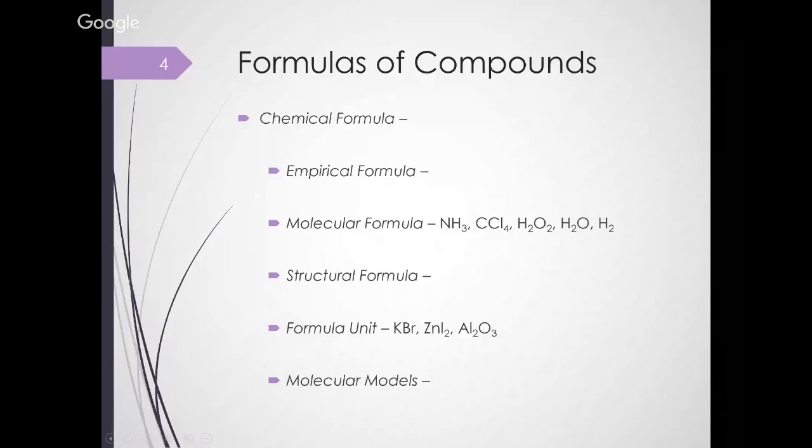Whereas when we talk about a molecular formula, we're talking about nonmetals all bonded together. Molecular formulas are discrete molecular units, so there is no repeating pattern. We can use molecular modeling kits to put together atoms and see how they are bonded in a 3D representation.